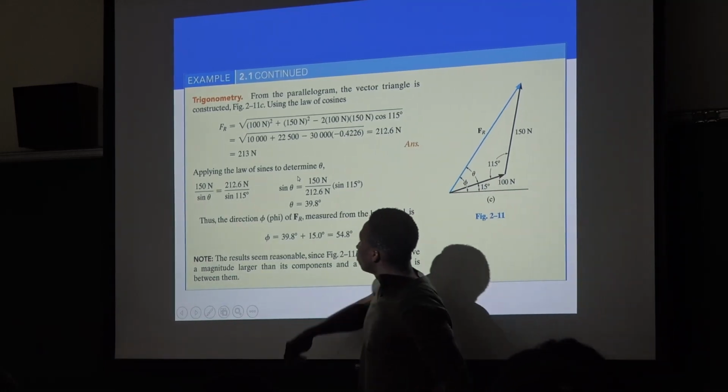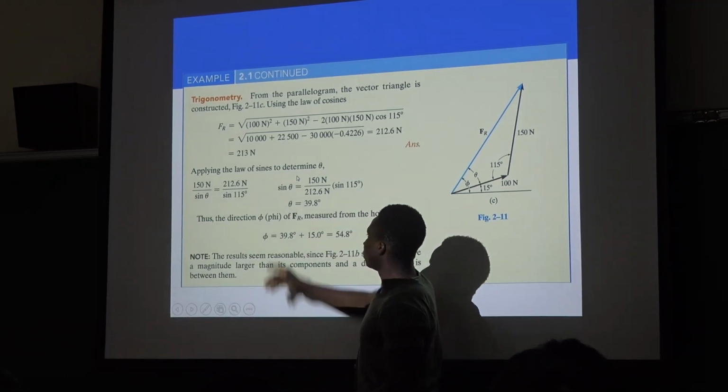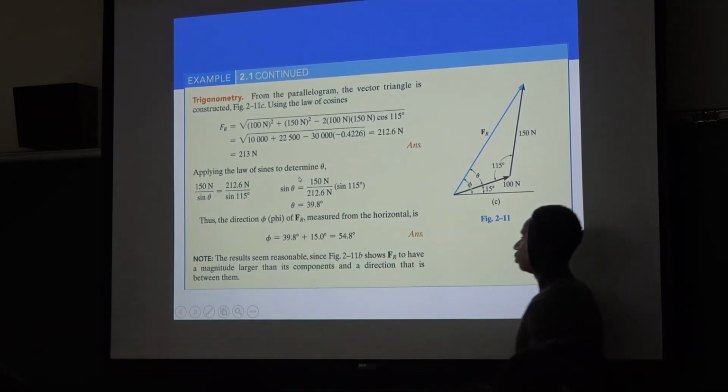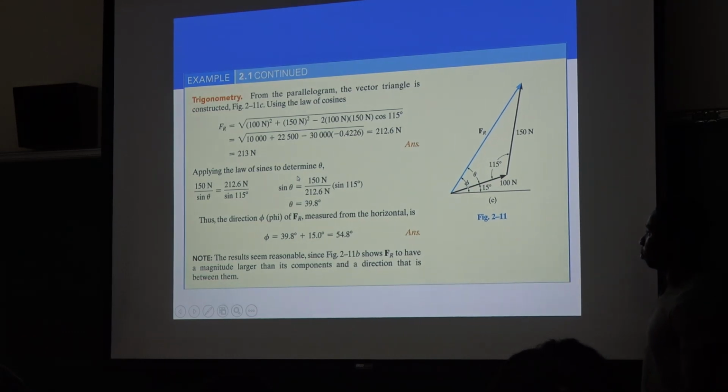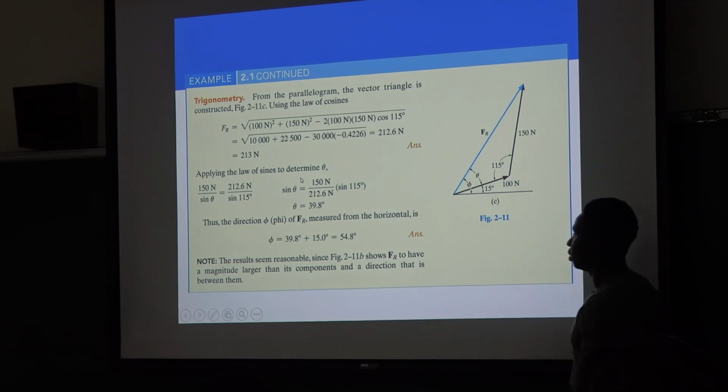So now the only variable we have is sine theta, right? So we can easily find this angle. It's equal to 39.8. Okay? So we know that this value here is 39.8.